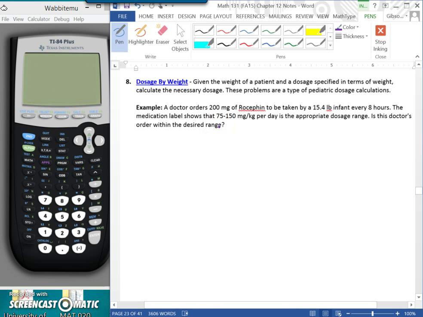Actually, the first thing we would do is convert the 15.4 pounds to kilograms.